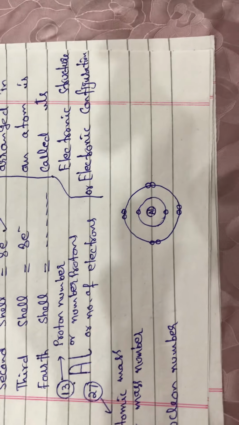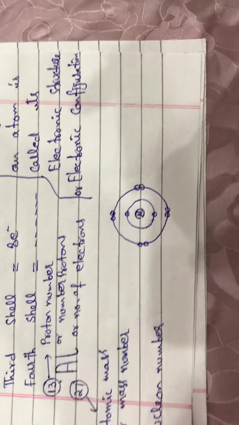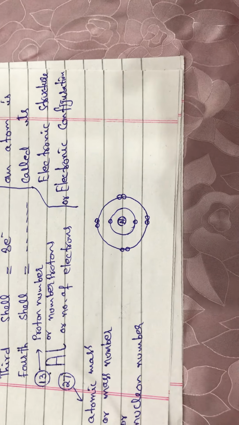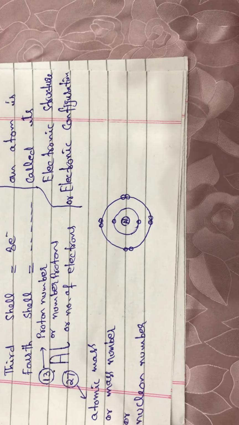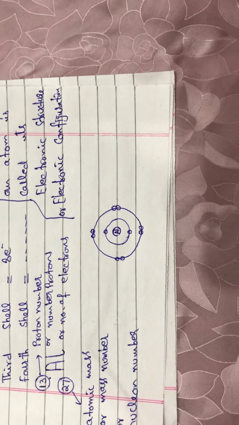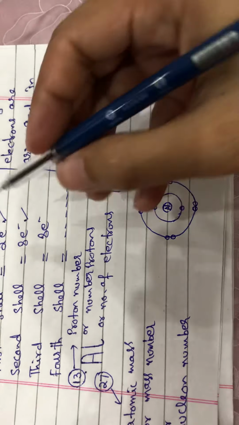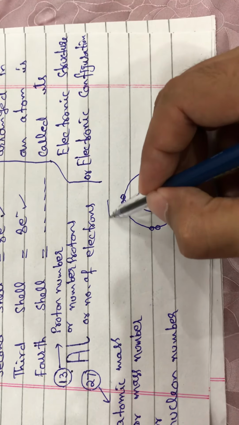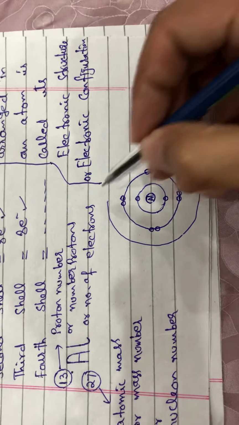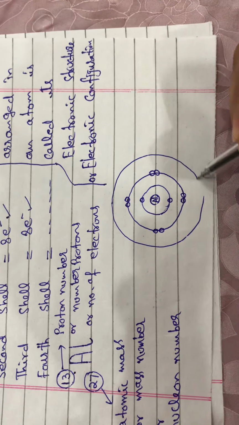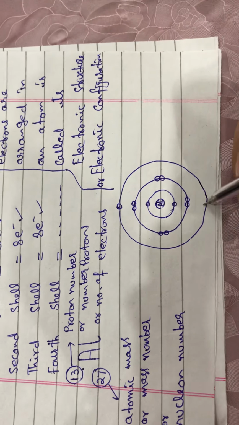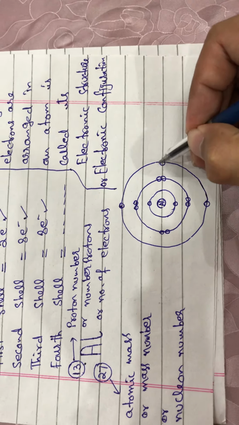So totally how many electrons? The first two shells contain 10 electrons. 2 plus 8: 2 in the first shell, and in the second shell 8 electrons. 2 plus 8 is 10. Now the third shell contains how many electrons? But how many electrons are left for the aluminium atom? 3 electrons. 1, 2, 3.